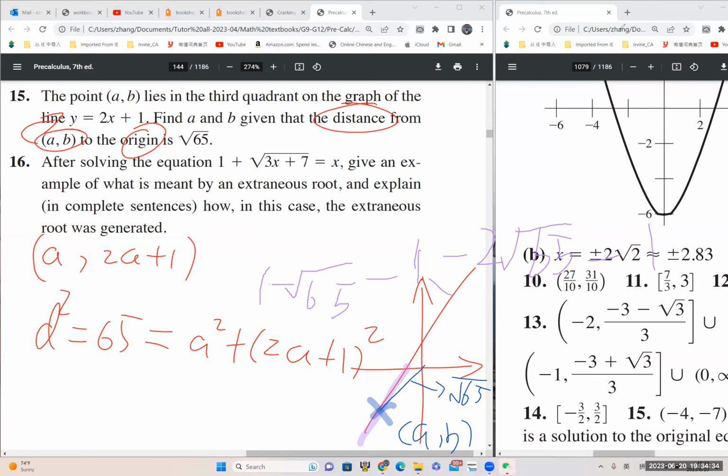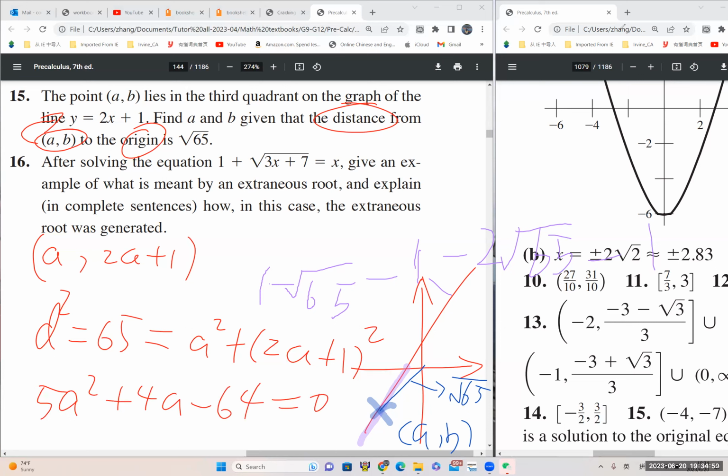Suppose it's not quite hard. Here, 2a square means 4a square plus a square, 5a square, right? Then here is 2a doubled, so it's 4a. 1 square means 1. 65 goes to the right side as -65. Together it's negative. Right.